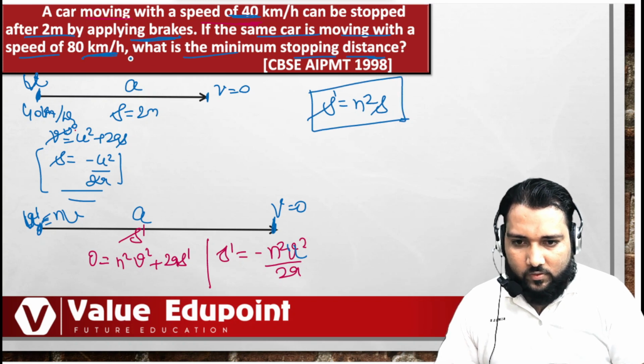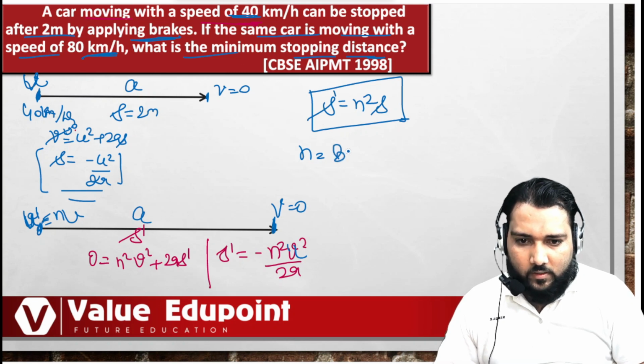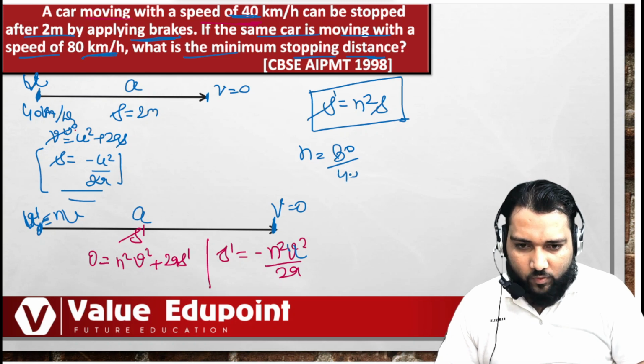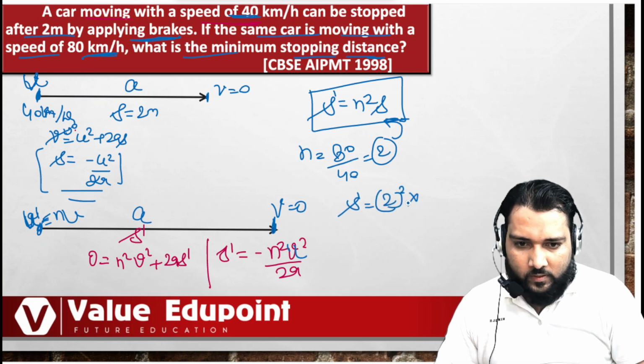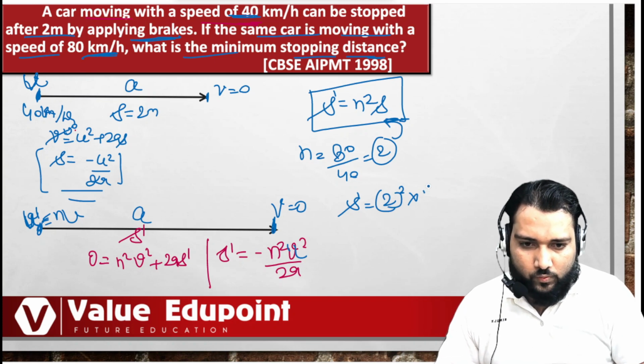So we can calculate n, the factor by which the velocity is increasing. So 80 upon 40 becomes 2. When you put 2 here, s dash will come out to be 2 square times the distance in the first case with velocity 40, that is 2.